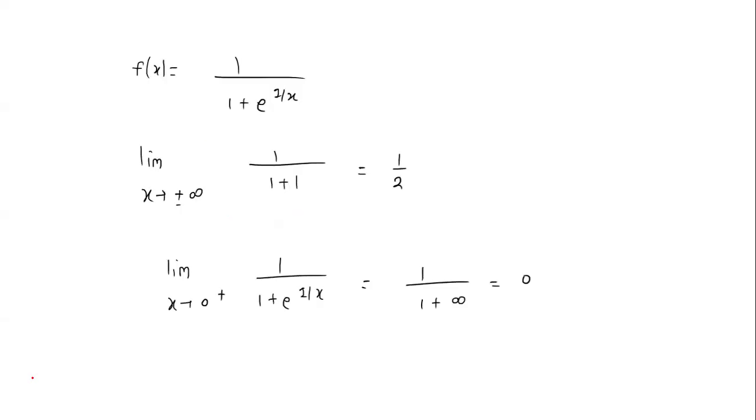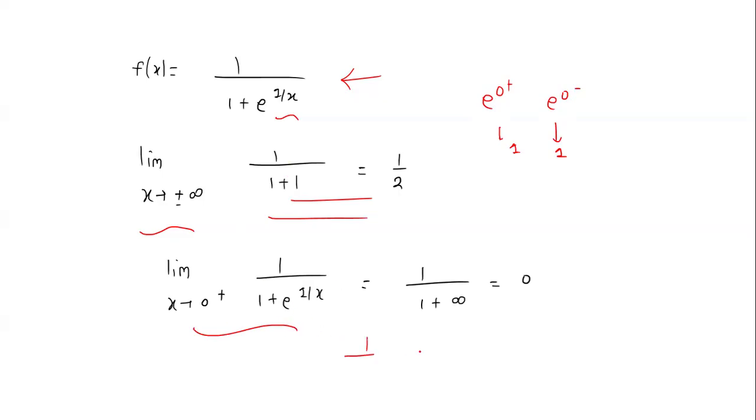So now we know this. Now this is our function. Another thing we can say about this function is, if you take the limit x tending to plus minus infinity, you will get e power 0 plus and e power 0 minus. So this is also 1, and this is also 1. So the limit will become like 1 divided by 1 plus 1, which is half. And if you take x tending to 0 plus, you will get 1 divided by 1 plus e power plus infinity.